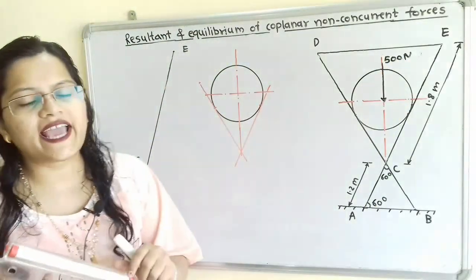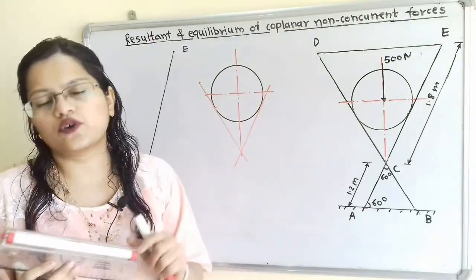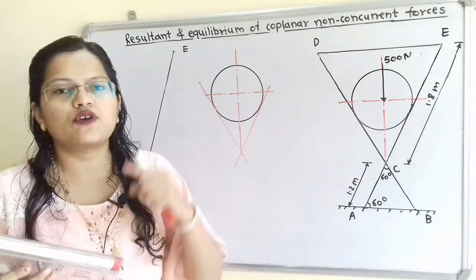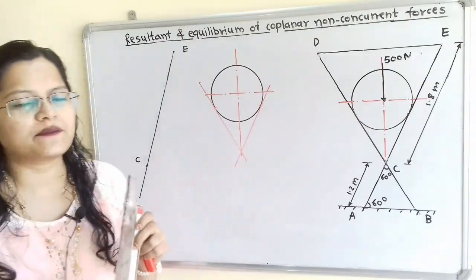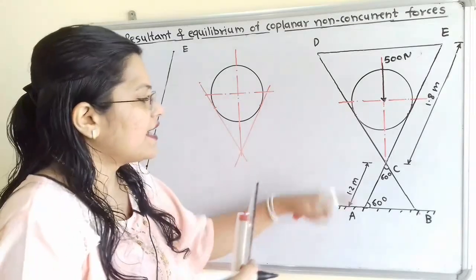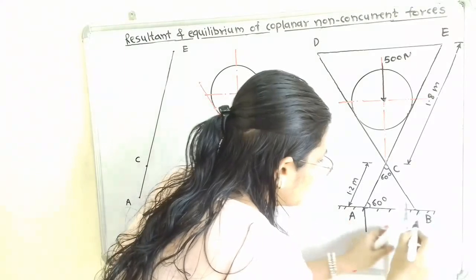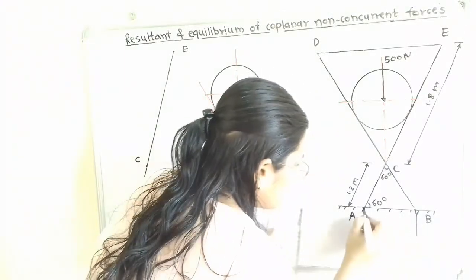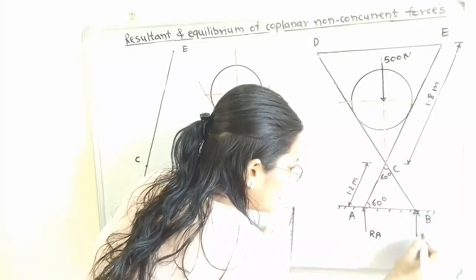We have to show reactions at point A and at point B. Since the surface is horizontal, we have to show reactions perpendicular to the horizontal surface, that means in the vertical direction, and we have to show the direction towards these cross pieces. So at point A we will say the reaction is RA and at point B the reaction is RB.